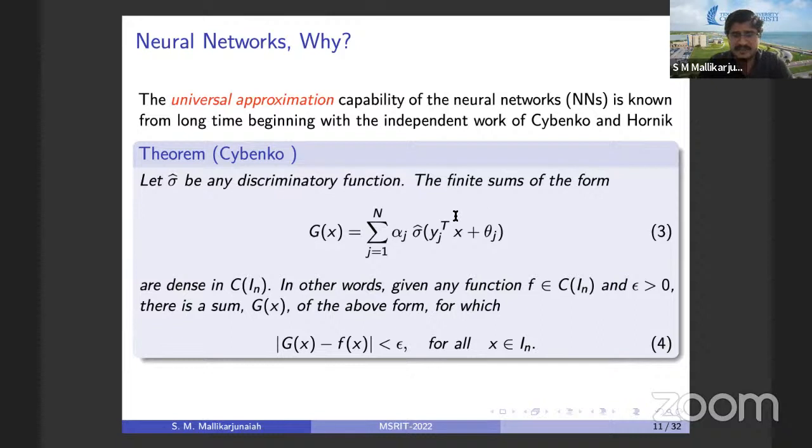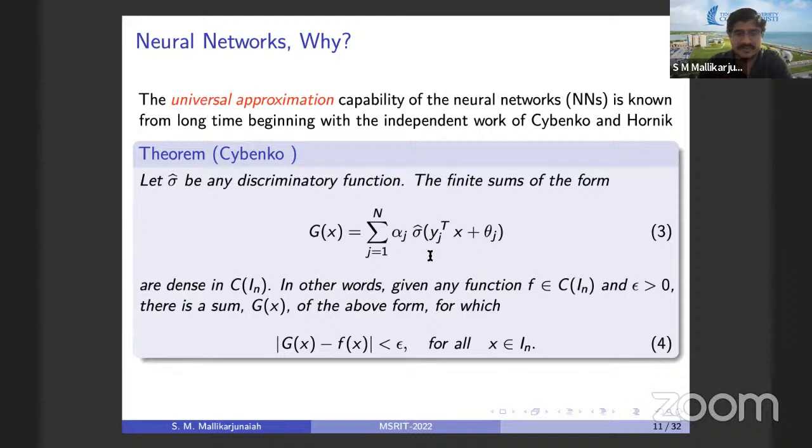Now, this theorem has been written independently by several authors. Even Hornik has a similar theorem, and nowadays everybody calls this the universal approximation theorem for neural networks. Now, if you look at it here, your sigma, remember, we already saw in our input-output formula that as the activation function, right?